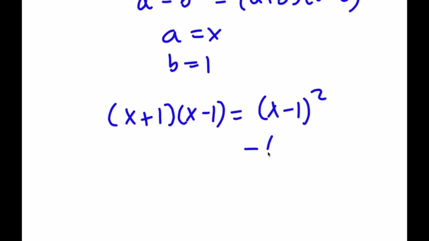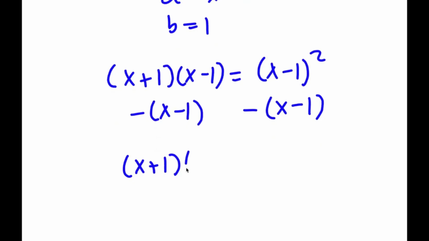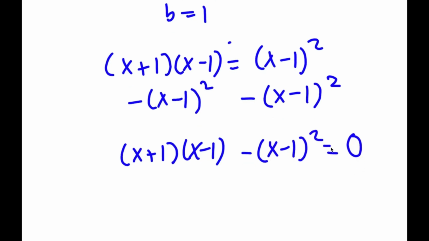Now, if I subtract (x minus 1) squared, I get (x plus 1) times (x minus 1) minus (x minus 1) squared is equal to 0.